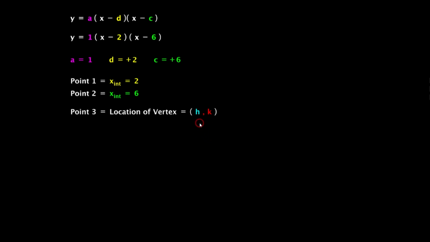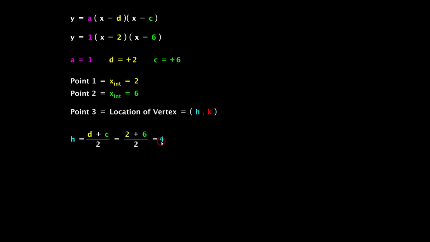Now, how do we figure out the h value? The x value of the vertex must be the middle point of the two x-intercepts. So for h, take the two x-intercepts, 2 and 6, divided by 2. So we take 2 plus 6 divided by 2, which is 8 divided by 2 is 4. Positive 4 is the x value.